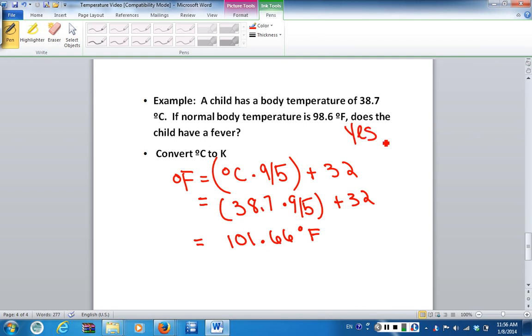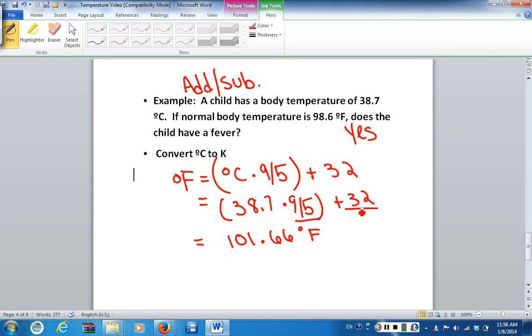Now, this temperature isn't the exact final temperature because you have to remember to account for significant figures. Now, with temperature, we treat them the same way that we would treat an addition or subtraction problem, which means we have to go by digits past the decimal place. Now, within this problem, we have 9/5 and 32, which we consider to be exact numbers.